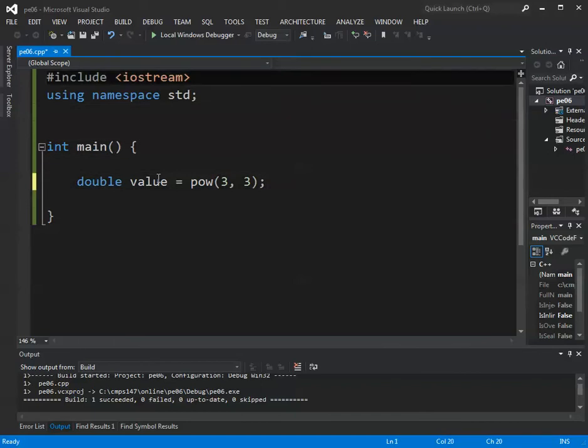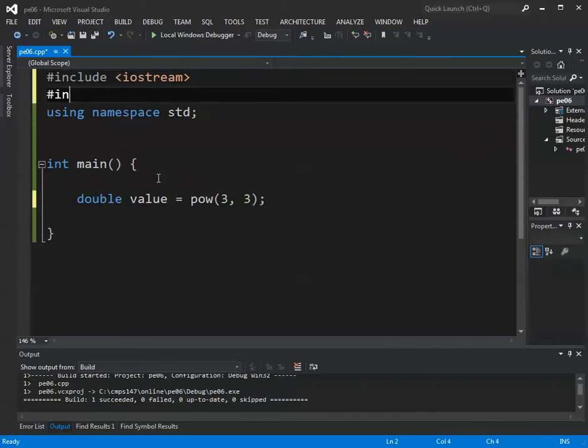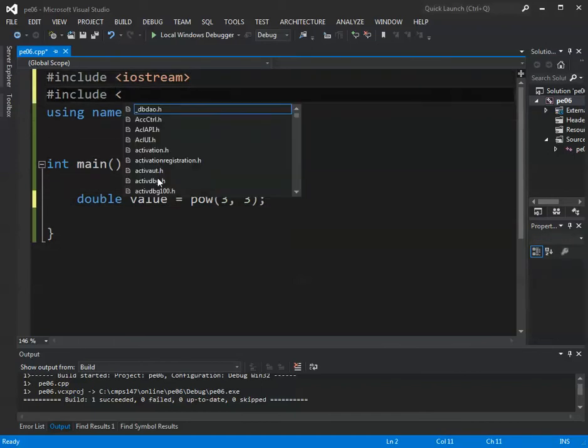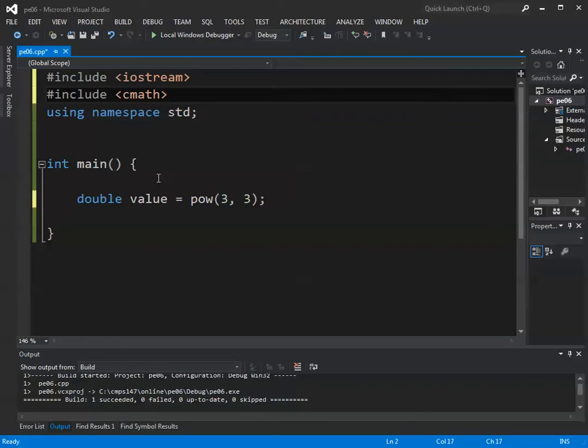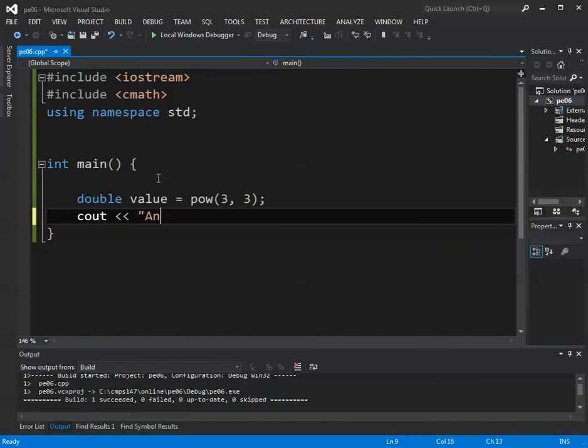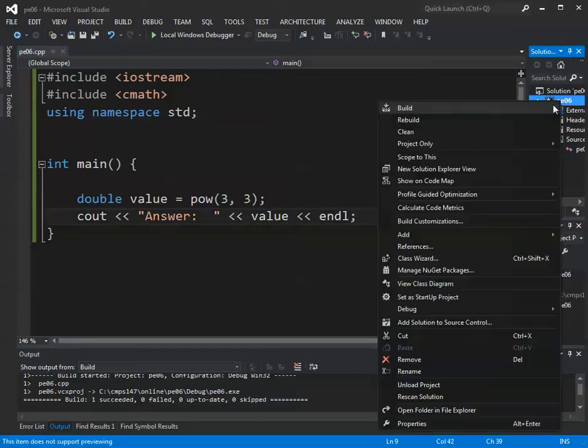And again, although this will compile on Visual Studio, I want to definitely include cmath explicitly. And I should certainly print that value out. And we'll build it.